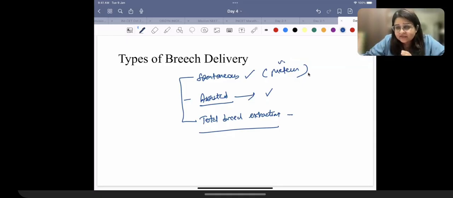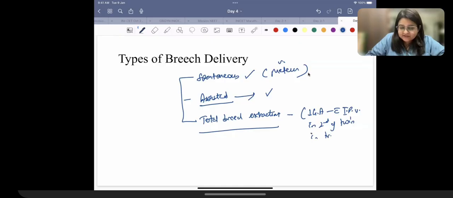Total breech extraction means the obstetrician is completely delivering the baby, from putting your hand inside to taking the baby out. This is usually done under general anesthesia, and usually along with internal podalic version in the second of twin in transverse lie.